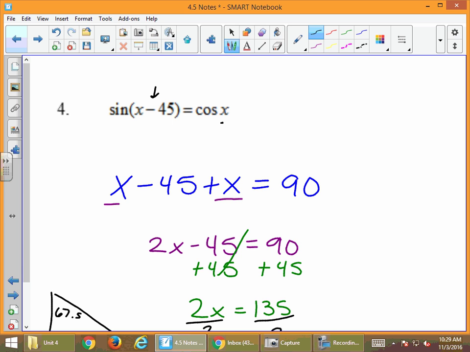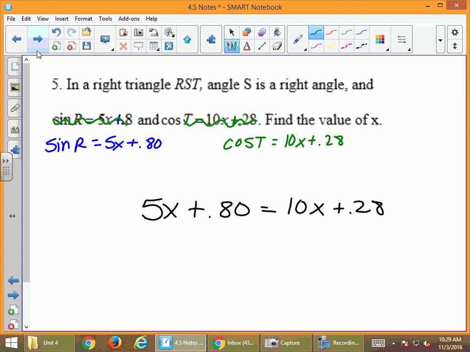So when you have the angles, you just add them up and set them equal to 90. So think, when they're inside a parenthesis or they're connected with the sine or the cosine, you add them and set them equal to 90. When they're not connected to it, when it's the sine or the cosine equaling those values, you set them equal to each other. So the sine of one angle is the same as the cosine of the other. And then you just solve.